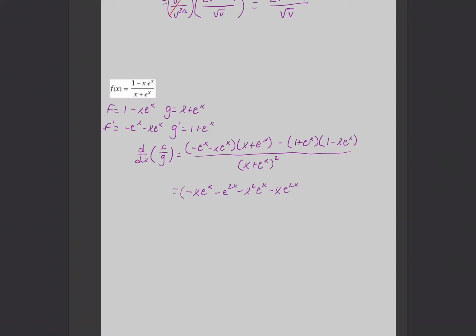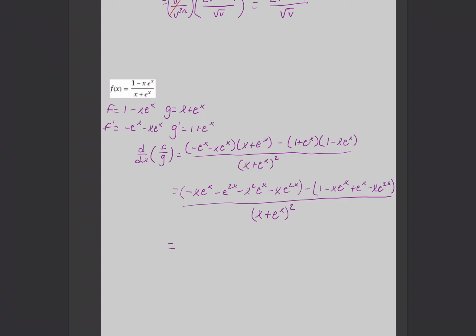That's the whole first term, minus 1 minus x e to the x plus e to the x minus x e to the 2x, all divided by x plus e to the x squared.